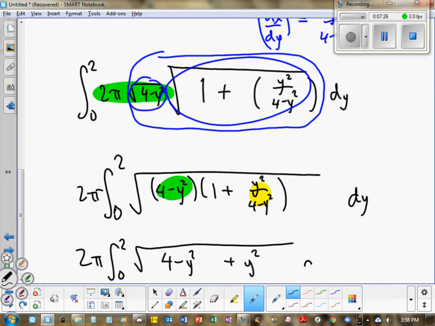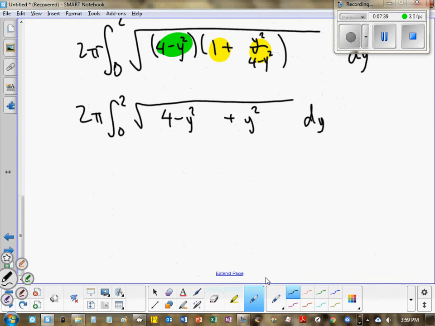Haha, that's really cool. So there are two yellow objects, and if you distribute the green to both of them, you get 4 minus y squared plus y squared. The y squareds actually cancel. That's really neat. I knew it was going to be clean, but I didn't know it was going to be that clean. Only the 4 survives, and we get 2 pi times square root of 4.